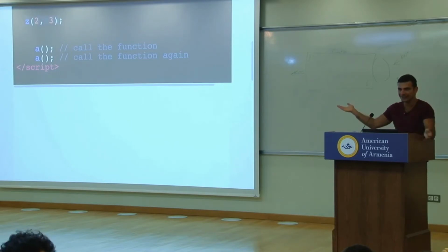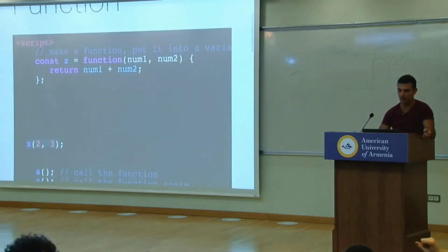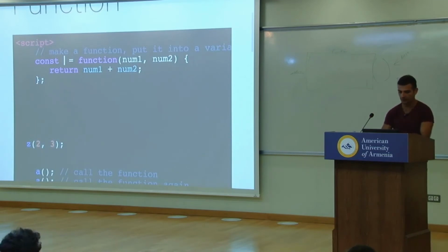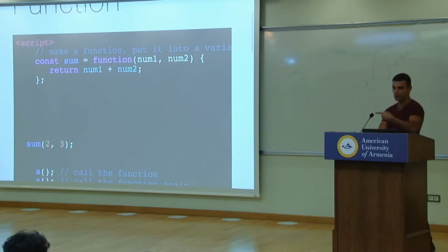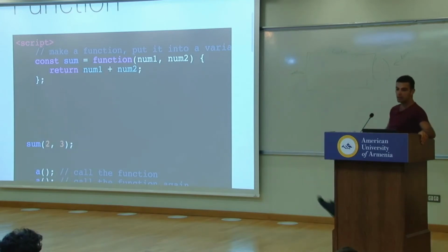But if we call it correctly, if we call it sum, and then we execute the function, we run the box by passing to it through this hole a 2 and a 3, 2 being num1, 3 being num2. On the other side it will return num1 plus num2, which would be 2 plus 3, 5. So the result of this would be 5.